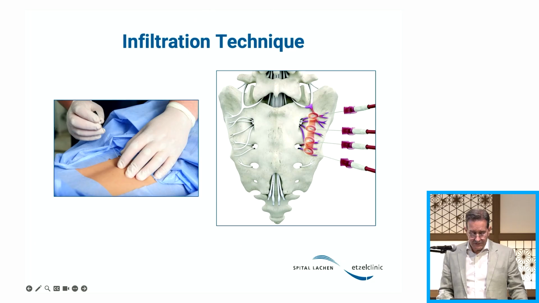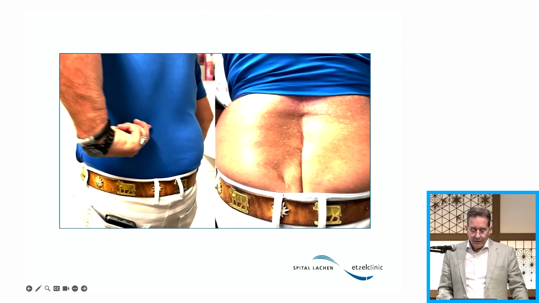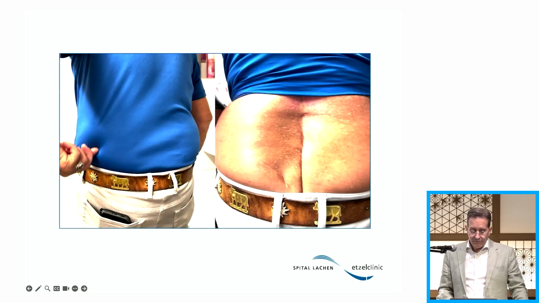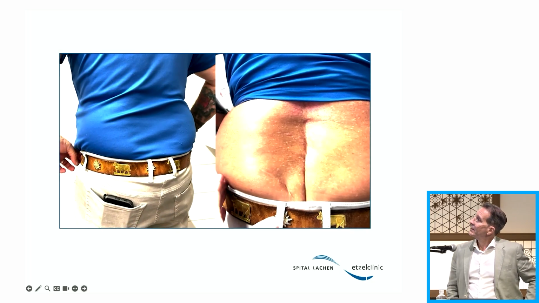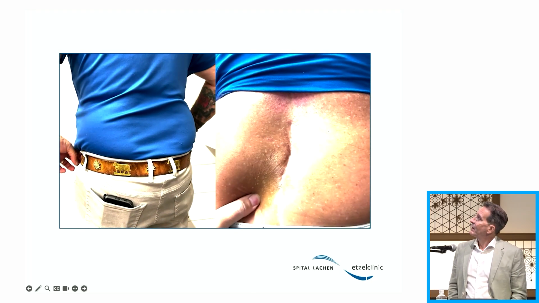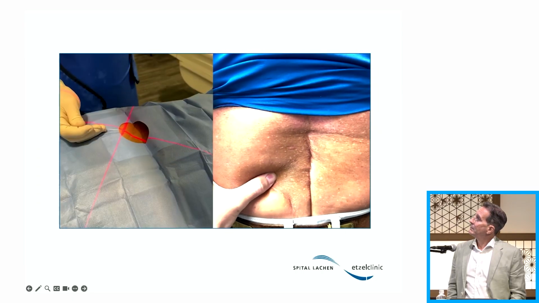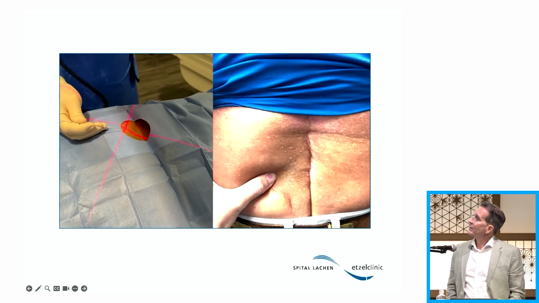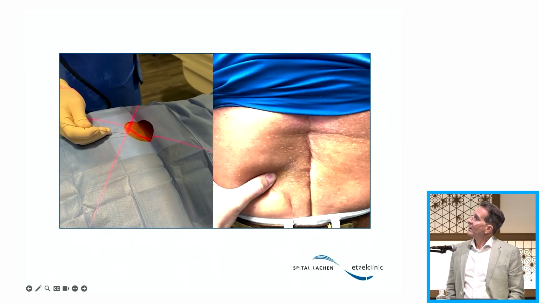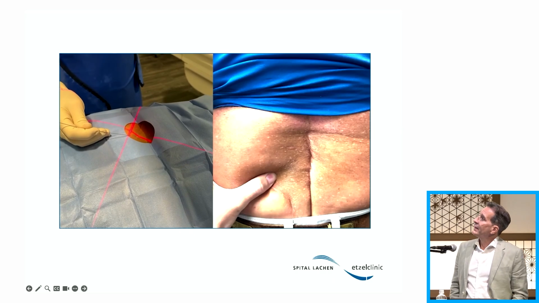So the way we do it nowadays is, if we have a patient that shows us where it is, we have the screening test, and then we do the injection, and this is real time now.